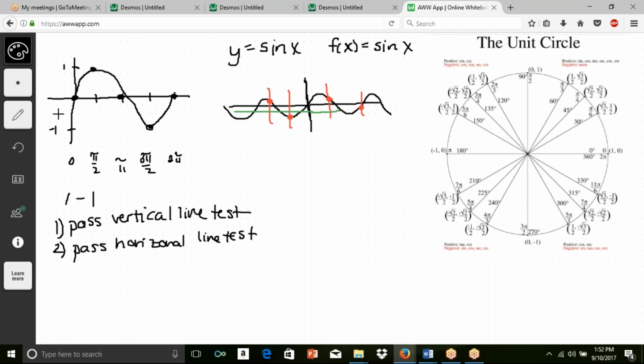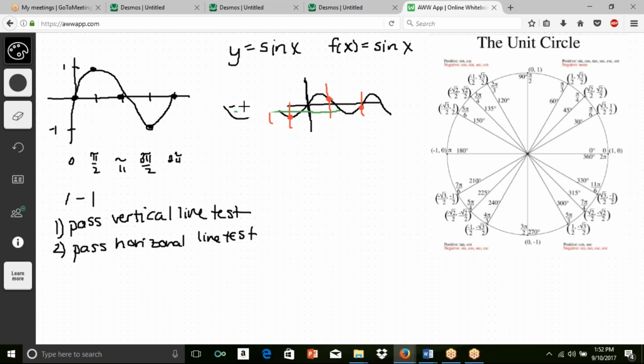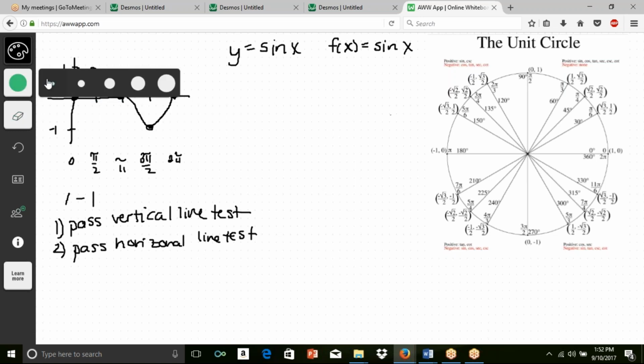So what we are going to do is erase this and rewrite it. How can we figure it out so that it can be a one-to-one function? And therefore it does have an inverse, because a one-to-one function always has an inverse. So here's my function.